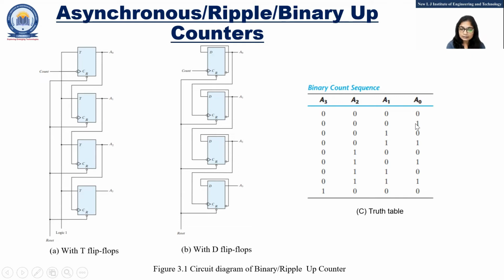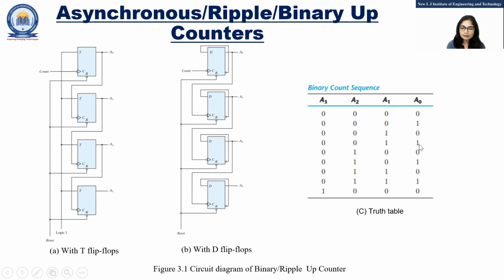When A0 is changing from 1 to 0, A1 is changing its state, because this is a negative edge trigger flip-flop. Negative edge means whenever the clock pulse changes from high level to low level, this flip-flop will change its state. High means 1 to 0. So A0 will change its state from 1 to 0, meaning at the negative edge, A1 will change its state from 0 to 1.